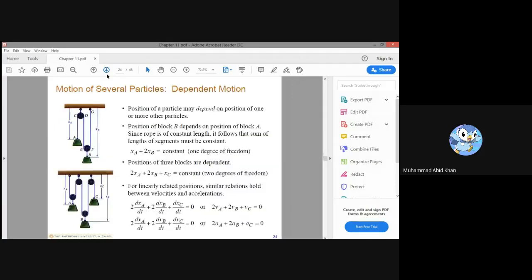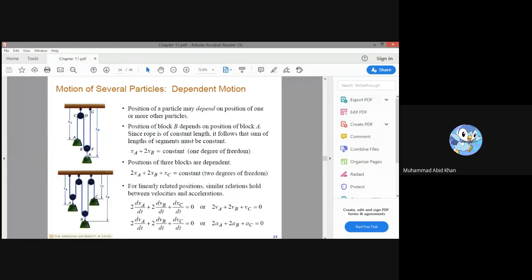Okay, here is motion of several particles. Dependent motion. Position of a particle may depend on position of one or more other particles. Here I wrote the points so you can understand. Position of block B depends on the position of block A, since the rope is of constant length.